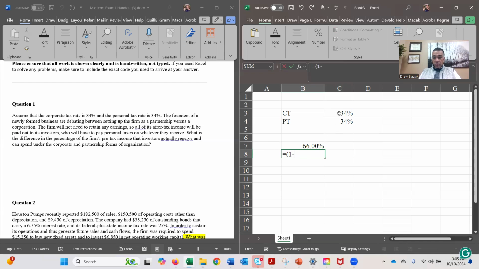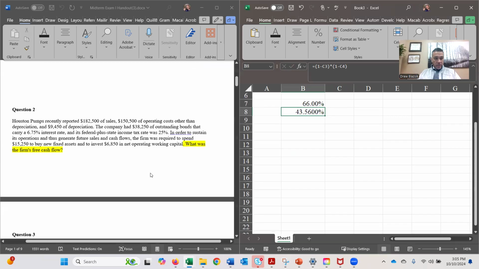Well, you could do 1 minus 0.34, times 1 minus 0.34, and that's going to be 43.5%. That's what they're keeping, right? Because we're taxed twice, 34%. So what the question's asking is, what is the difference between what a company keeps if it's taxed twice and what it keeps if it's only taxed once?